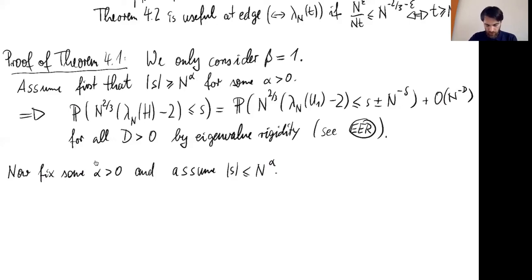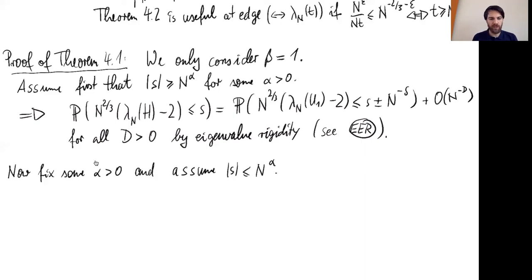Okay, and now in the case when s is smaller than n to the alpha, we will introduce a few test functions, which help us to rewrite this probability in terms of the expectation of these test functions.